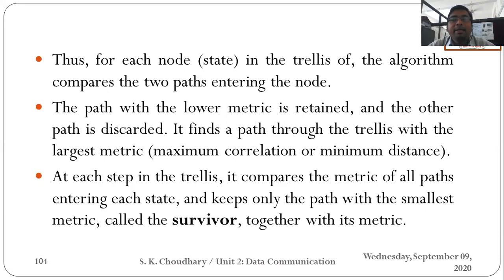defined as what? It is the Hamming distance between the coded sequence represented by that path entering the node and the received sequence. Okay, so the Hamming distance between the coded or transmitted sequence and the received sequence for that particular path. We would see.